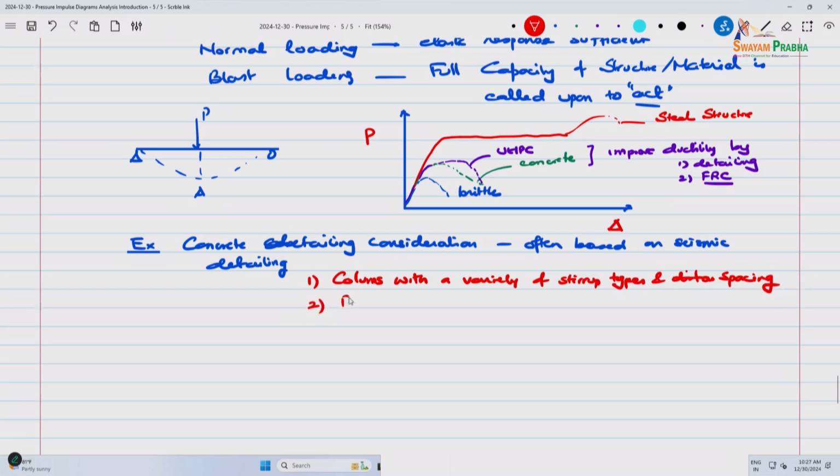Same thing with beams with enhanced shear detailing. Quite often flexure detailing is not as critical once you start getting into the blast type loading in concrete structures.